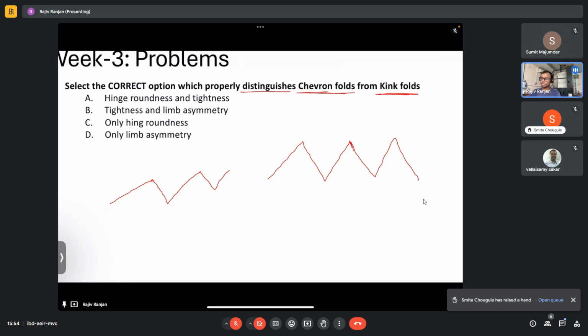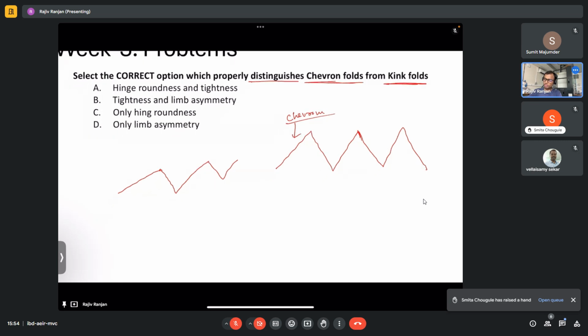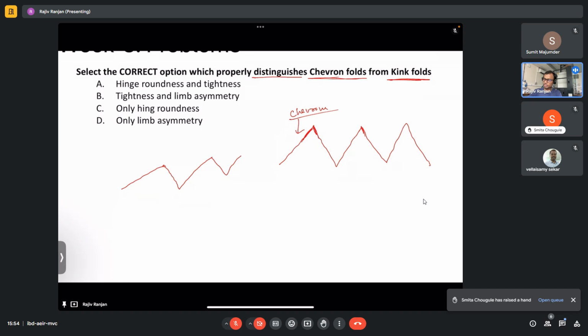So, chevron folds, when you have very symmetric, very sharp angle. And especially it is characterized by very straight limbs.